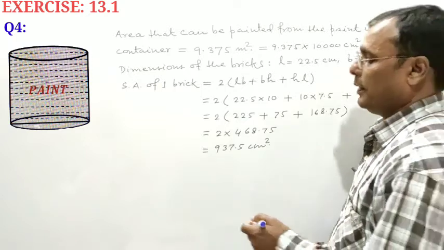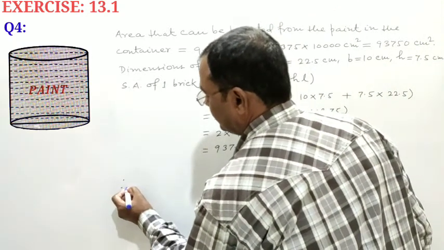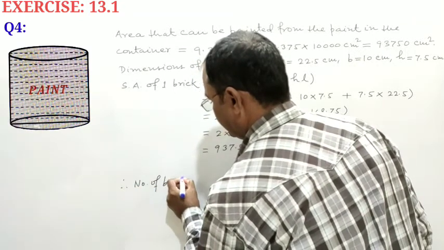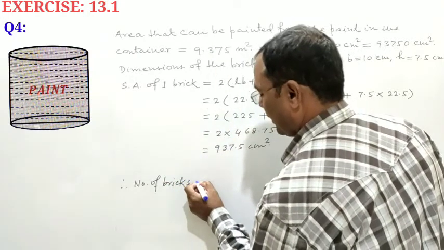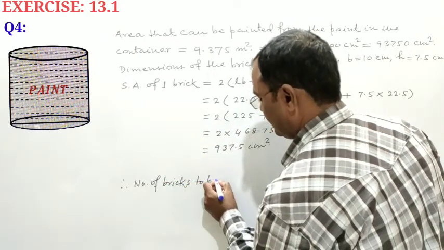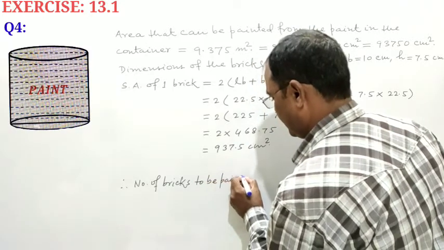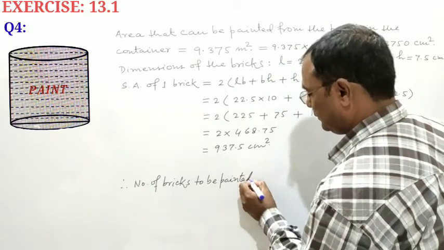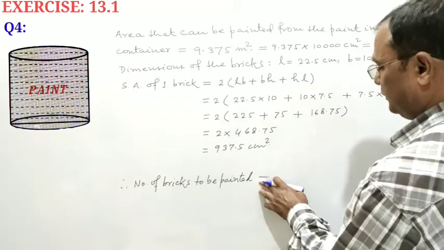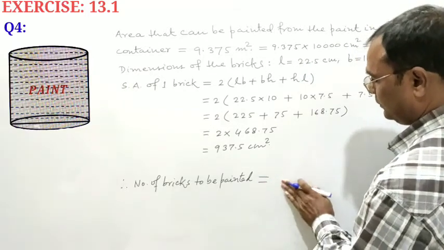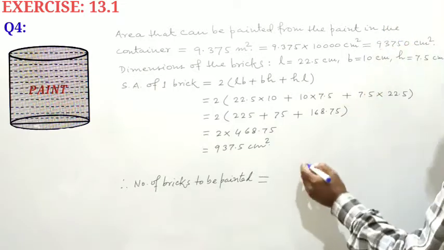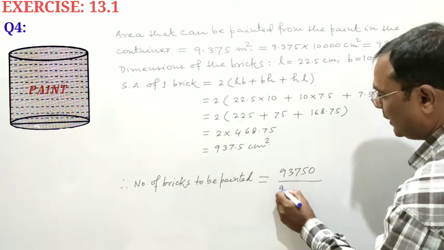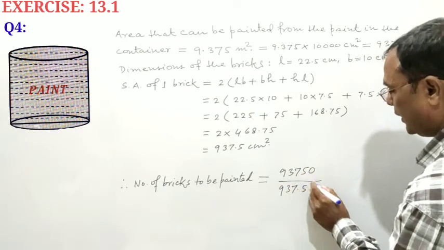So number of bricks to be painted from the paint in the container is equal to 93,750 divided by 937.5.